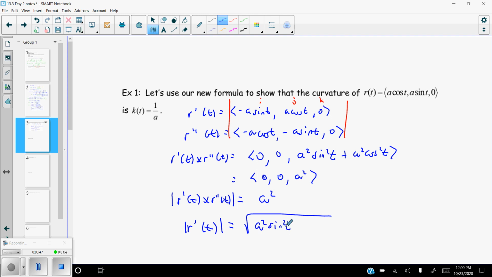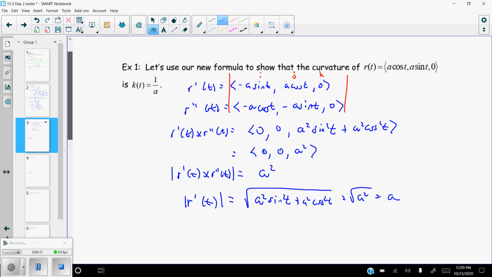Squaring a cosine t is going to be a squared cosine squared t, and squaring 0 is just 0. So you can factor an a squared out of that, so you're going to get the square root of a squared times sine squared plus cosine squared, which again is 1. So you get the square root of a squared, which happens to be a.